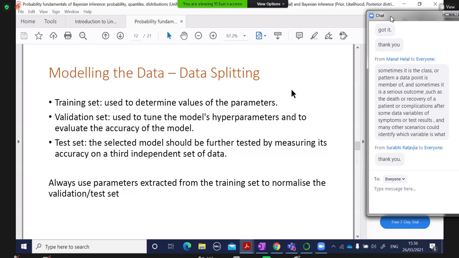For example, when we consider a linear regression model, A0 plus A1 multiplied by the first feature, A0 and A1 are coefficients. Those are the parameters for the model. So the training set is used to estimate those values. The validation set is used to tune the model's hyperparameters and to evaluate the accuracy of the model.